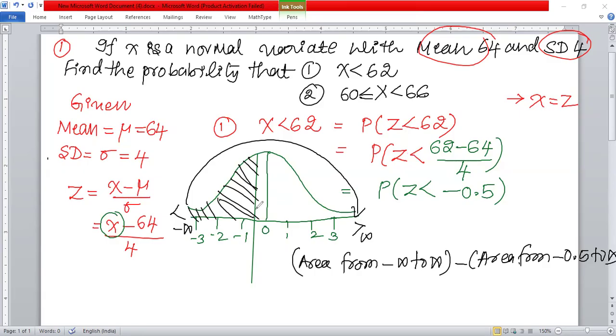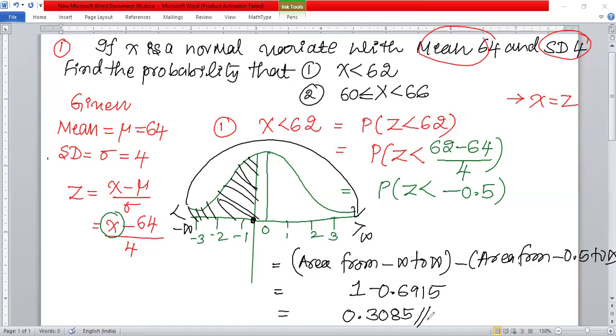The statistical table value is always seen on the right side. Area from minus infinity to infinity is always 1 minus. So for minus 0.5, the table value is 0.6915. So 1 minus 0.6915 is 0.3085. This is the first answer.